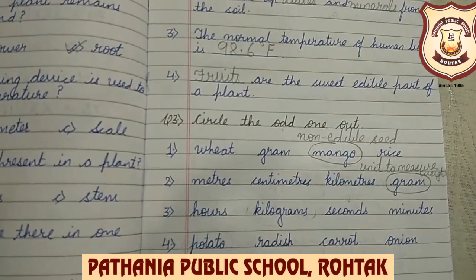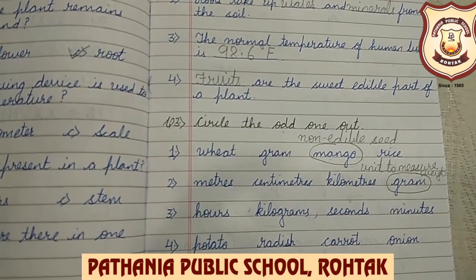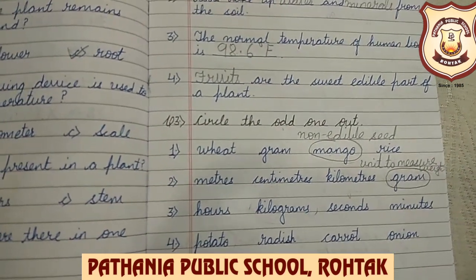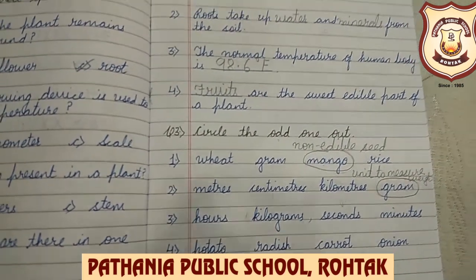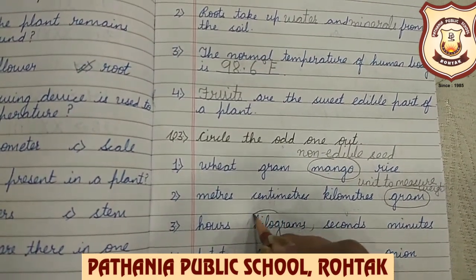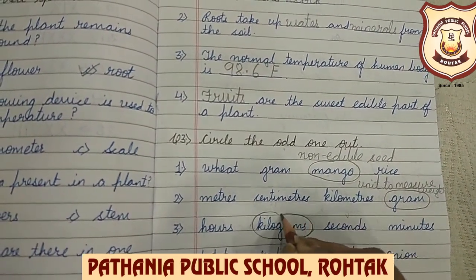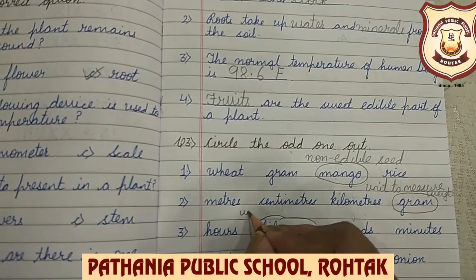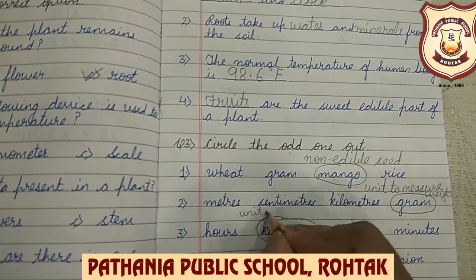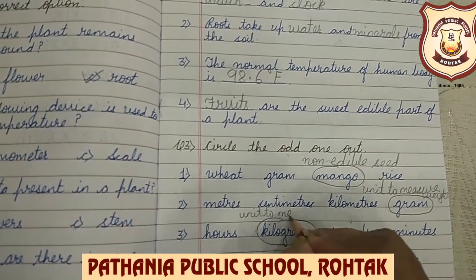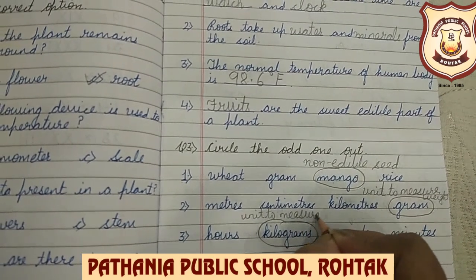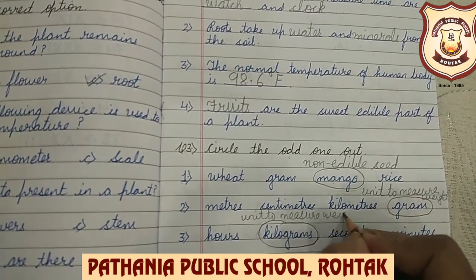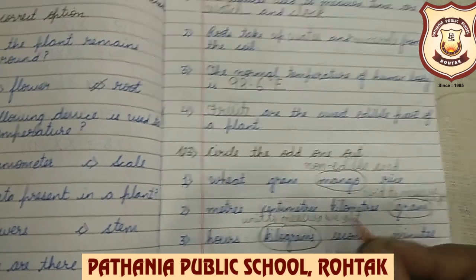Now next is hours, kilogram, second and minutes. Now tell me which one is odd? Right, kilogram. So we will circle it and again the same reason will be here because it is also a unit to measure weight and the rest are all units to measure time.